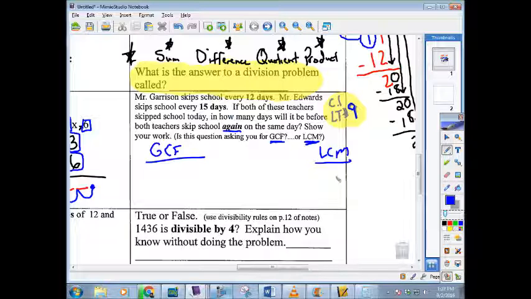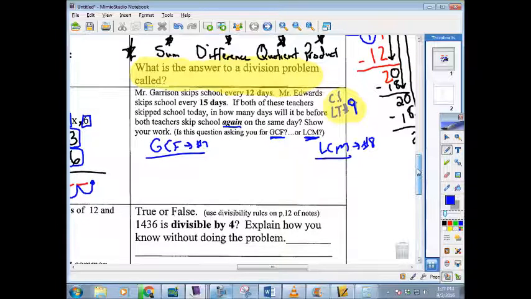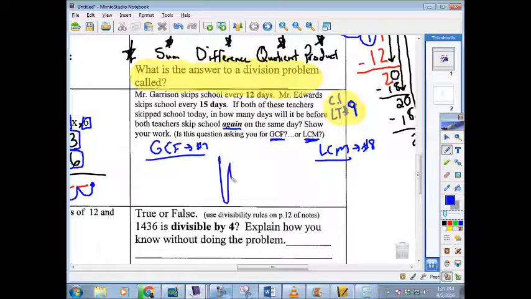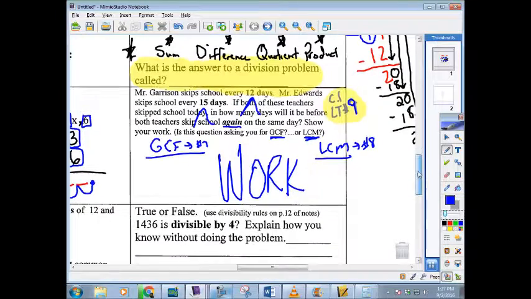So I'm not going to help you anymore with that. If you forget how to do GCF or LCM, this would be learning target number 7. This would be learning target number 8. You can always go back and check those, but obviously there's a big old work required here because I better see trees, I better see stacking, I better see all of the work that I've always made you do for GCF and LCM.